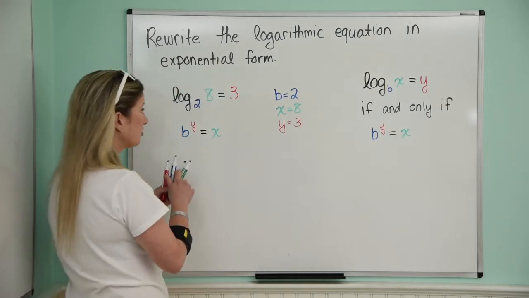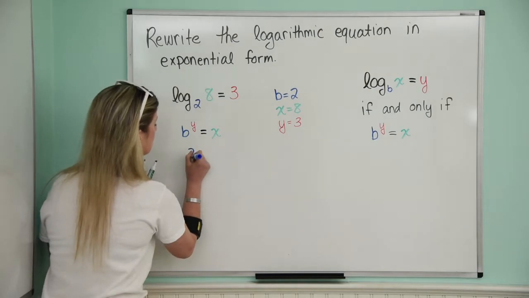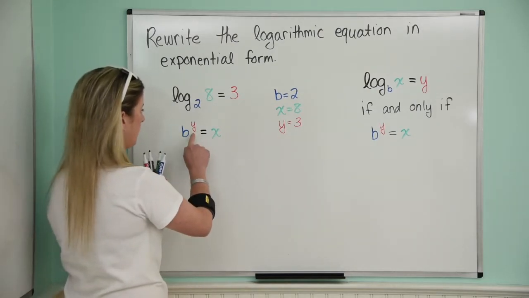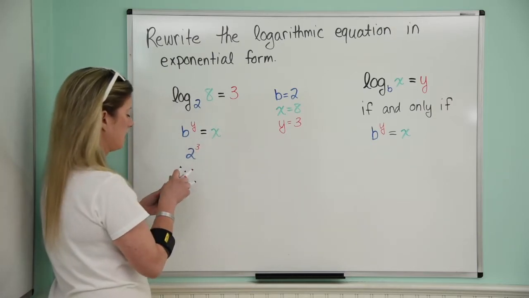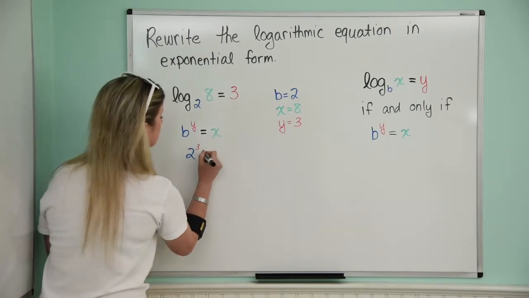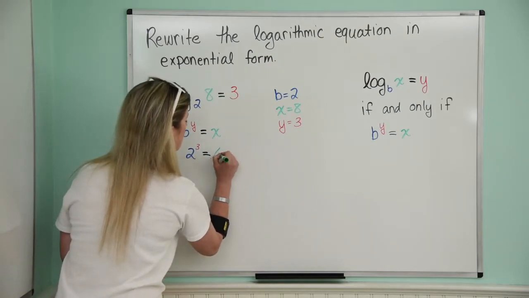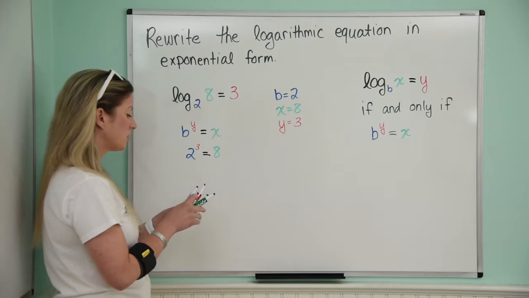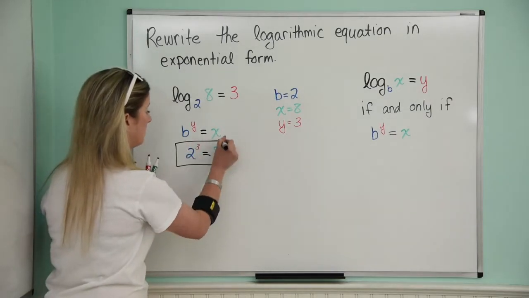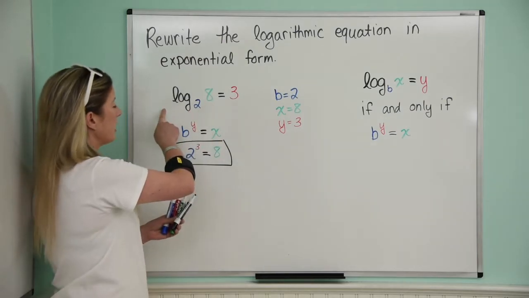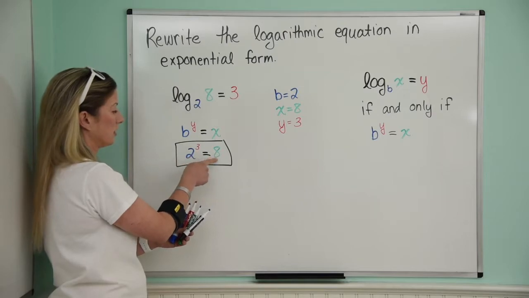So I literally just fill it in. b is 2, so 2 to the y, which is 3, equals x, which in this case is 8. Awesome. So that is the answer, I'll box it for us. That is how we write log base 2 of 8 equals 3 in exponential form. It's 2 to the third equals 8.